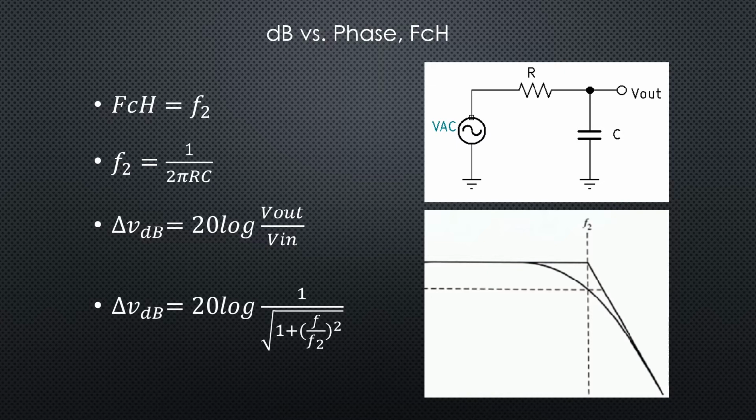We also know that the voltage gain in dB is equal to 20 log of V out over Vin.